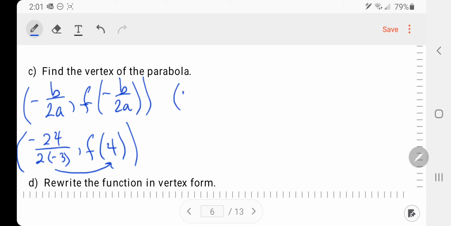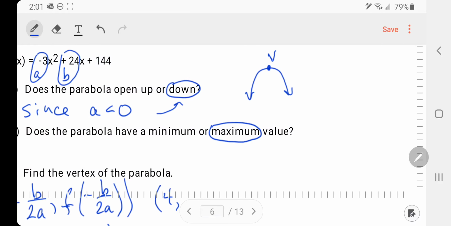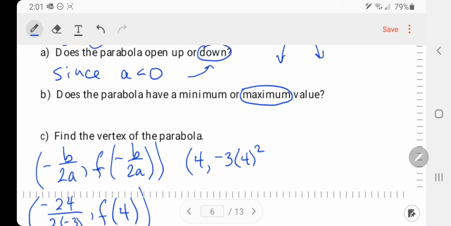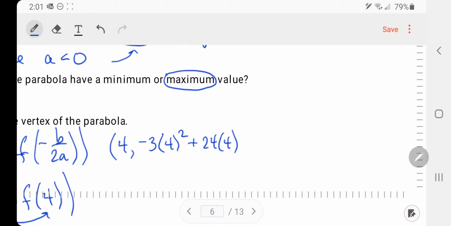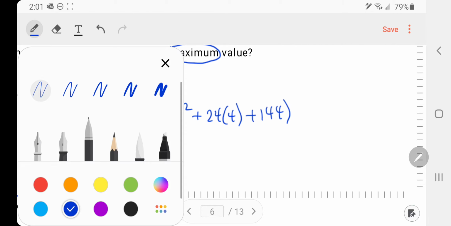And so we're going to have 4, comma, f of 4, which says to plug 4 into the function everywhere there's an x. So plugging a 4 in for every x, plus 144. We now need to work all of that stuff out.